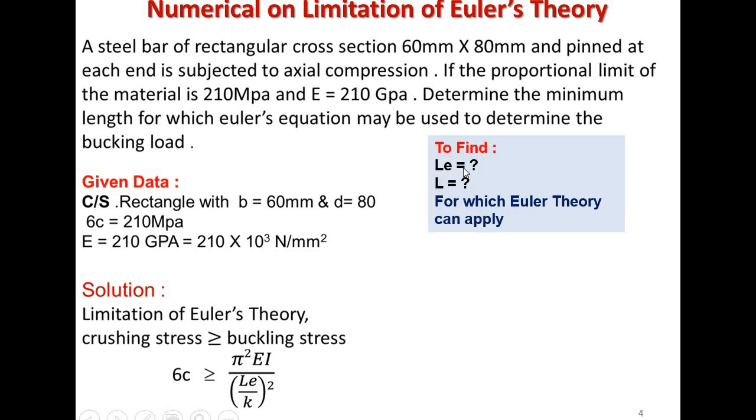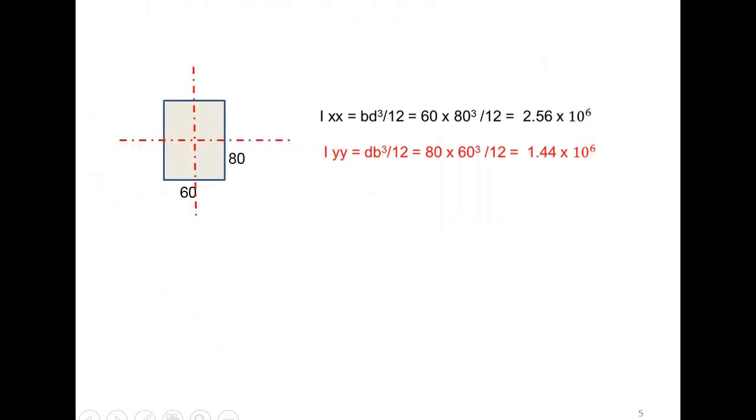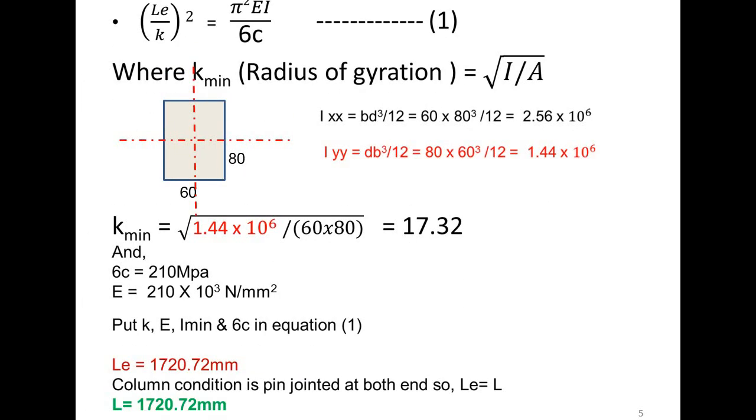According to the statement, we need to find out the effective length or actual length of the column for which we can apply the Euler theory. So this formula is just interchanging terms. We'll get here (LE by K) whole square equal to pi square E divided by sigma c.